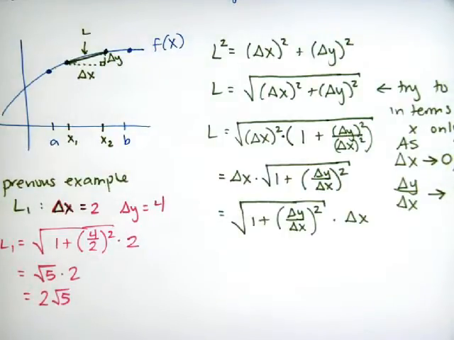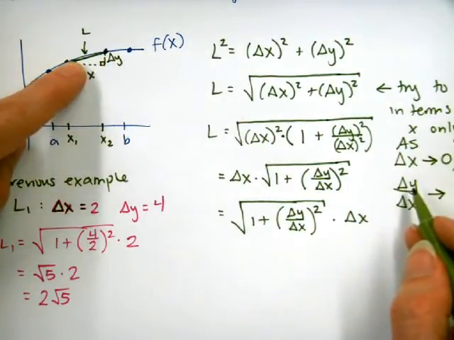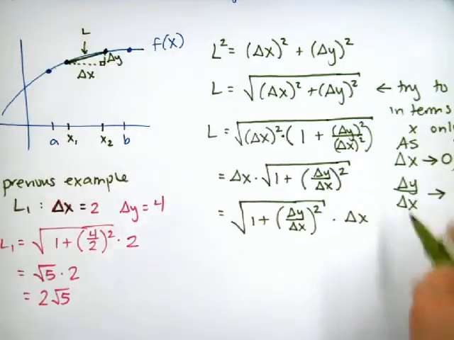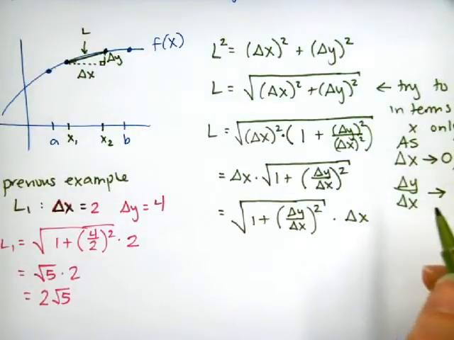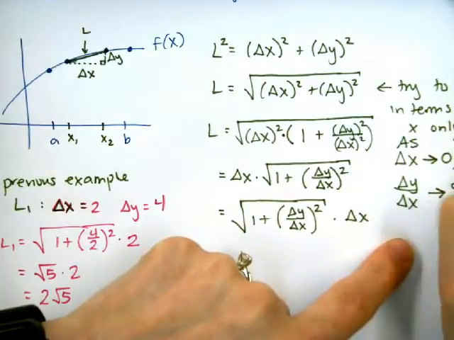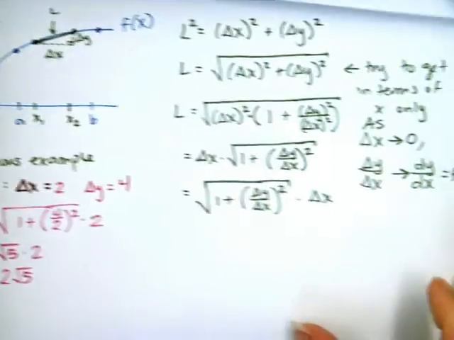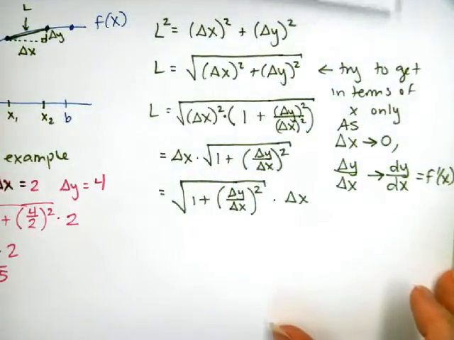Change in y over change in x is slope. This represents the slope of this line, delta y over delta x, right? And remember that if it's delta y over delta x, that's a secant line. But as the two points become closer and closer to one another, that becomes a tangent line. So delta y over delta x is going to become dy dx, which is really the derivative at that point.